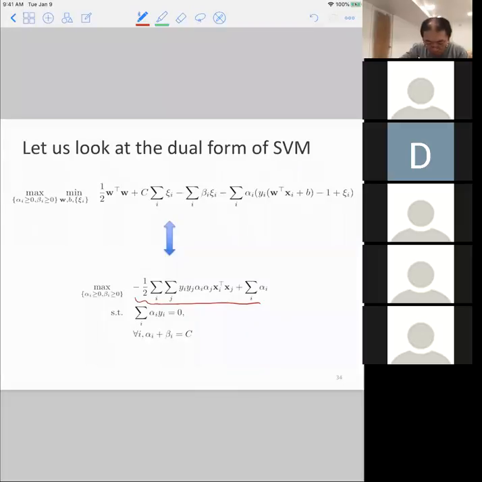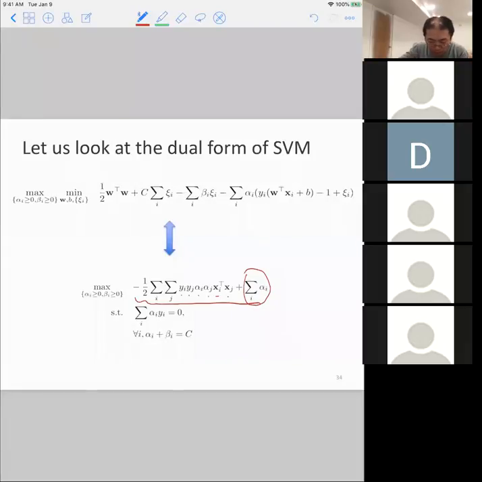You have a minus half summation over i, summation over j. Each summand is yi and yj, alpha i, alpha j, times the inner product between xi and xj. Then plus the summation over the Lagrange multipliers alpha i's.